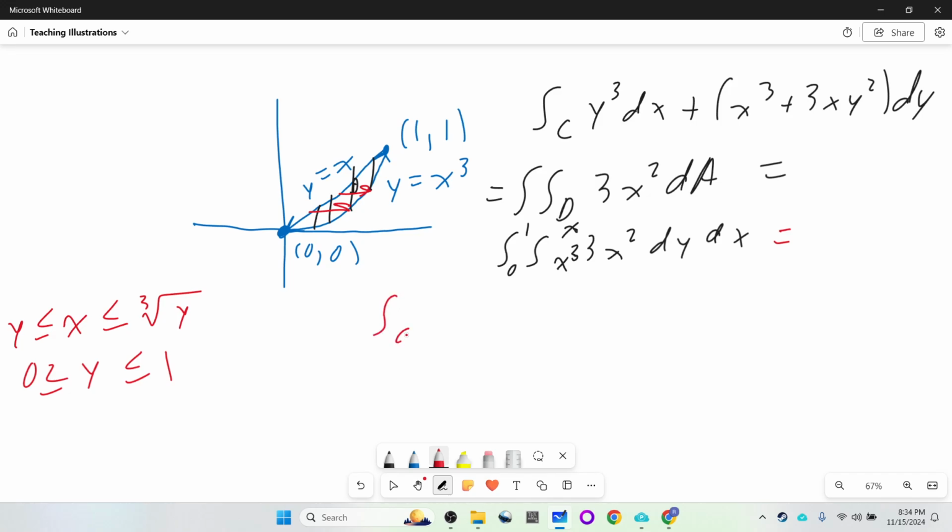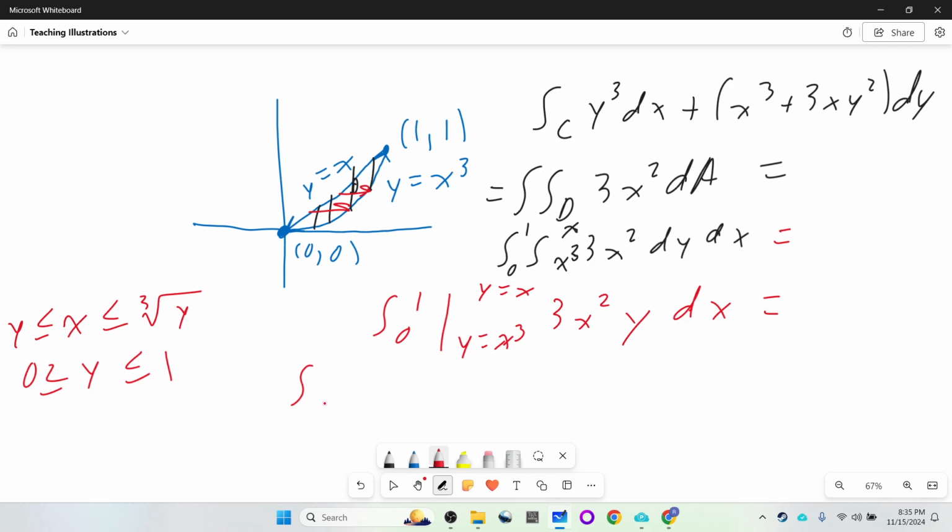Right? 0 to 1, and then y equals x cubed to y equals x of 3x squared y dx, because there's no y here, so the antiderivative would just be multiplied by y.